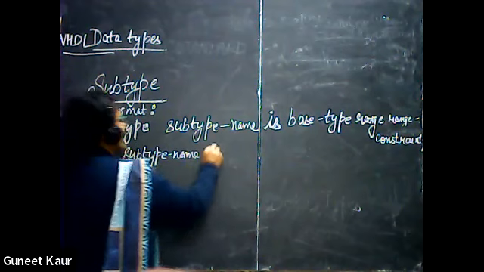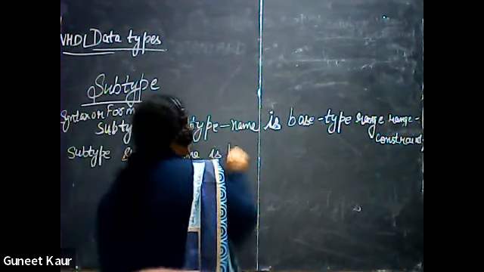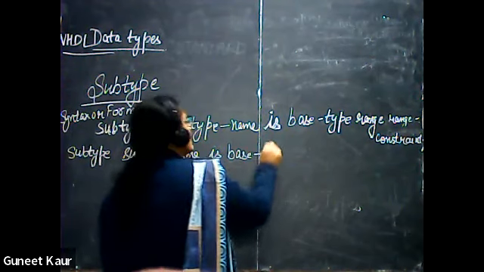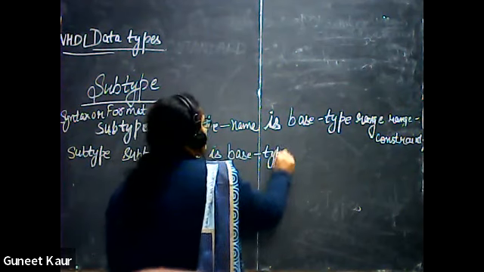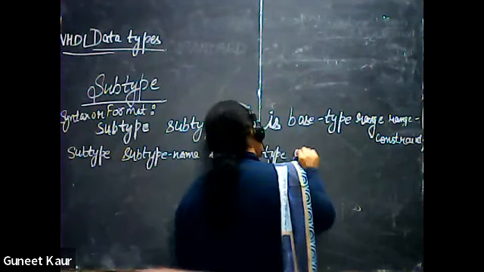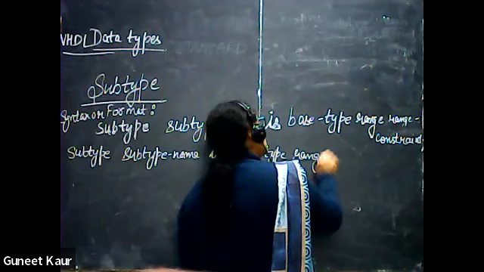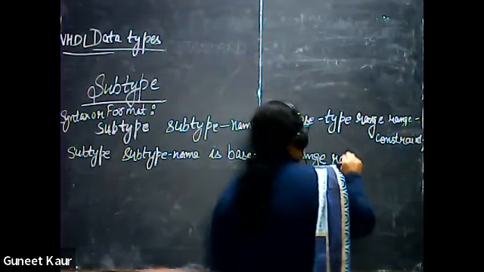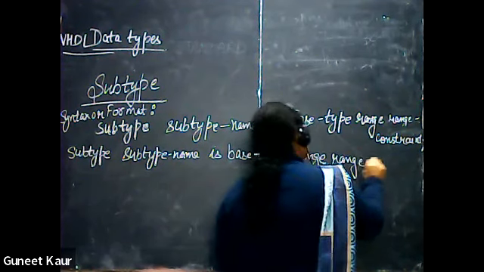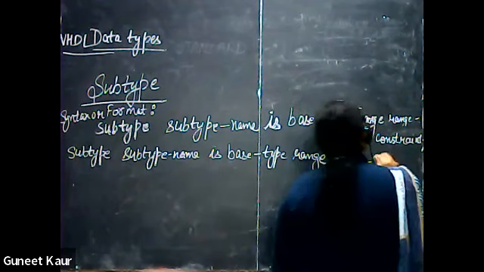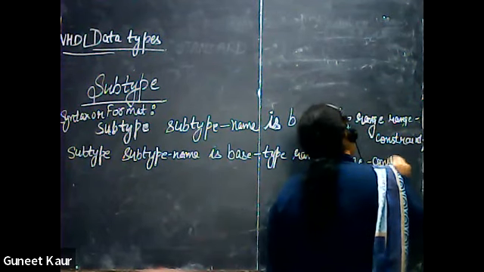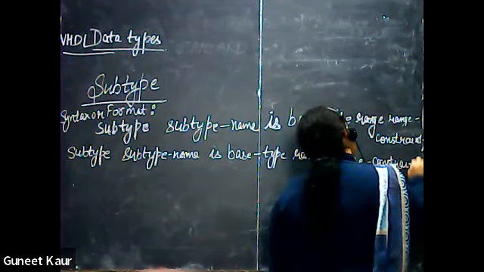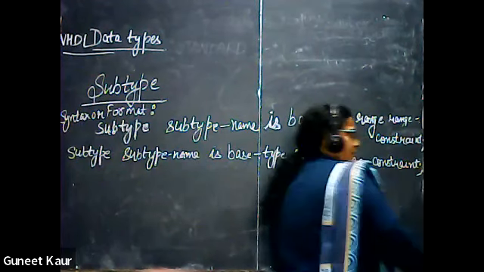Then here is the base type, and the range. Then range hyphen constraint, semicolon.